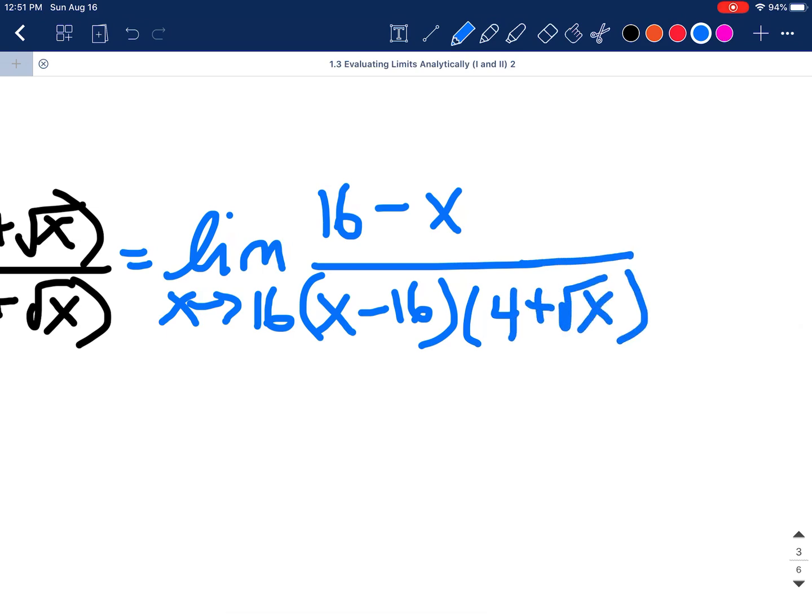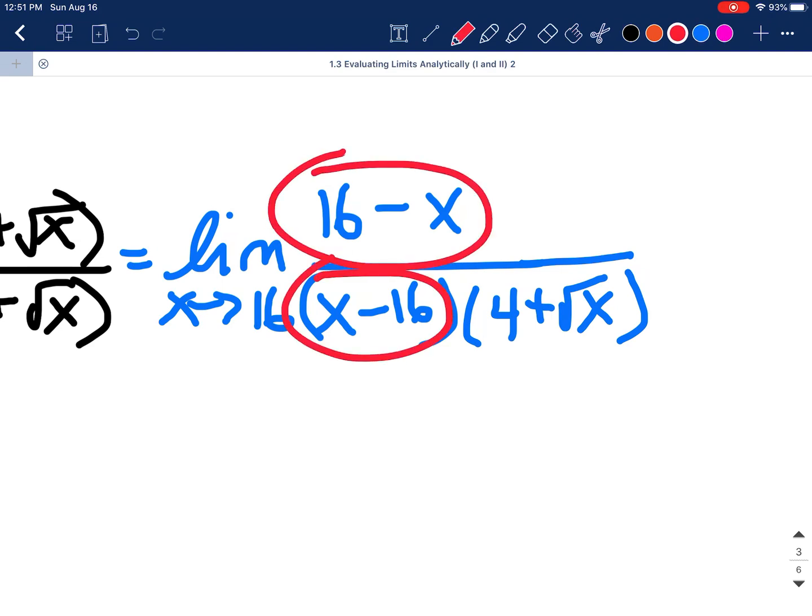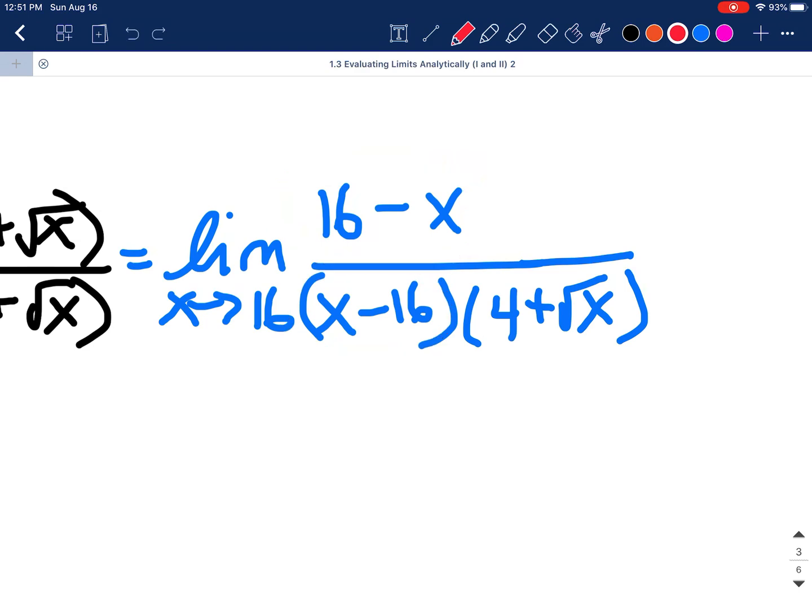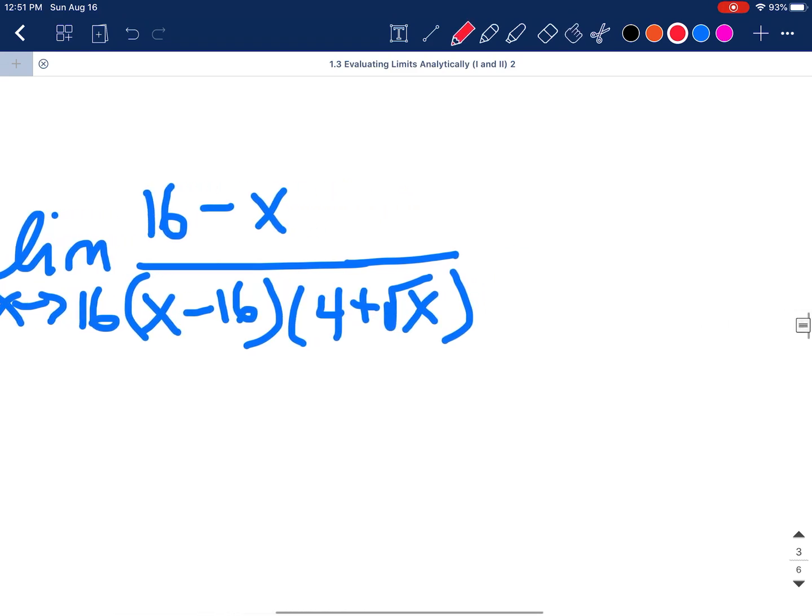And here's where we can see why this method matters. Now we're going to be able to get cancellation. However, our expression is not quite equivalent, right? X minus 16 and 16 minus x are not the same. So the typical way that if you don't obviously see what this is going to become would be to factor out a negative.